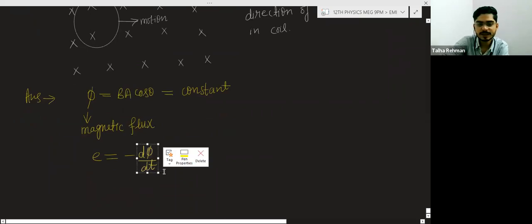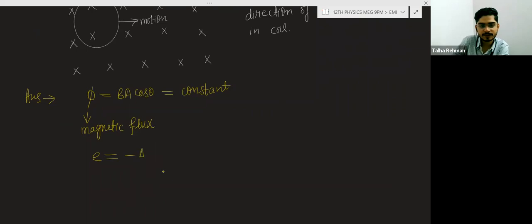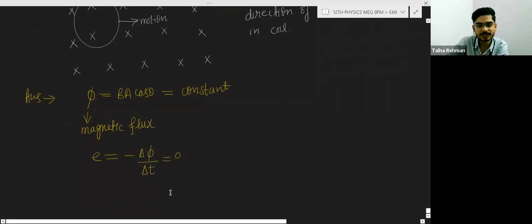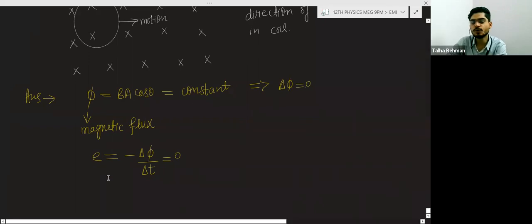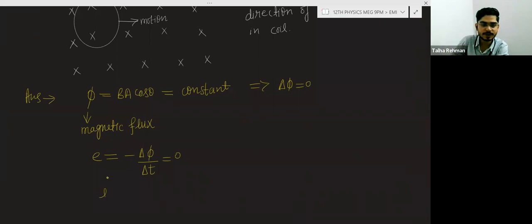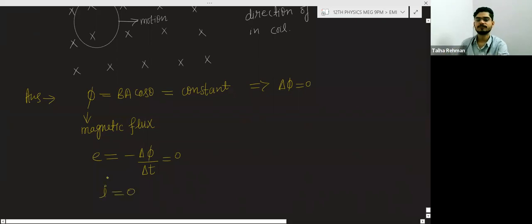Or you can say delta phi by delta t is equal to 0, because delta phi, the change in flux, will be 0. So there will be no induced EMF. If there is no induced EMF, there will be no induced current. Simple. Finish.